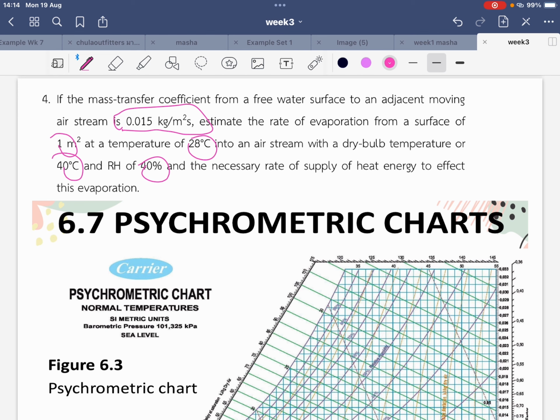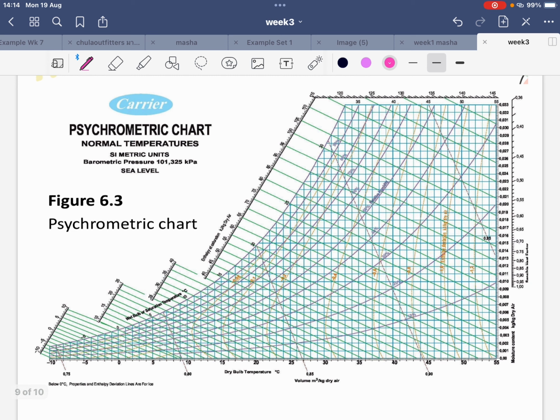So first thing first, 40% RH is here, and we need to look here, 40% is here, so I make a line up here, should be here, and then make a line to see the moisture content. And this will be our YA.